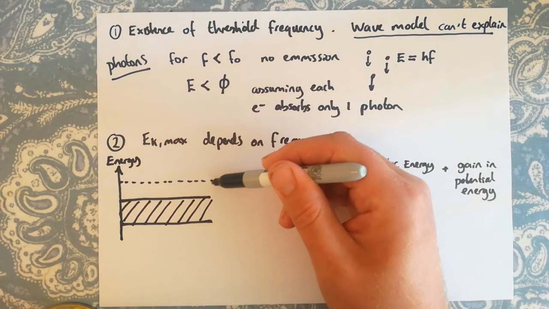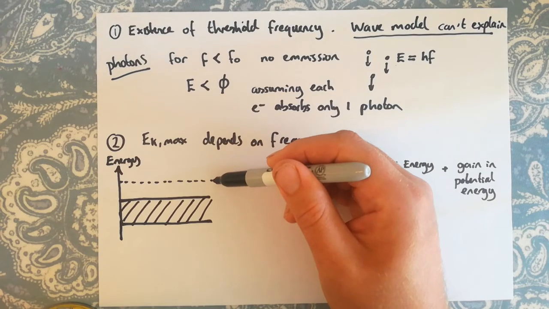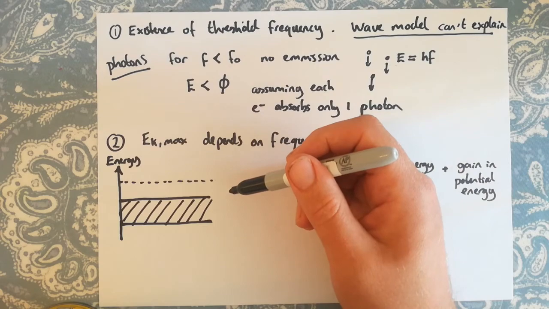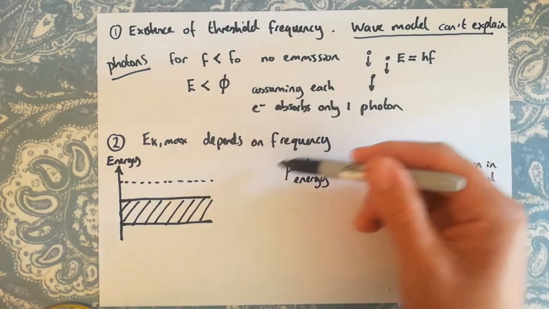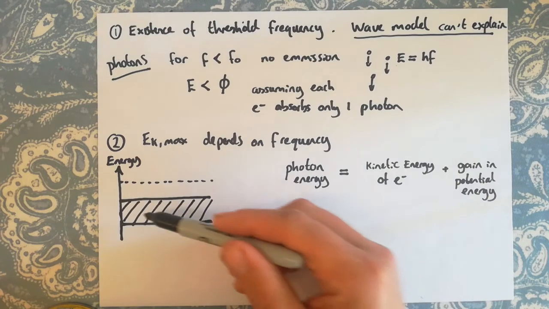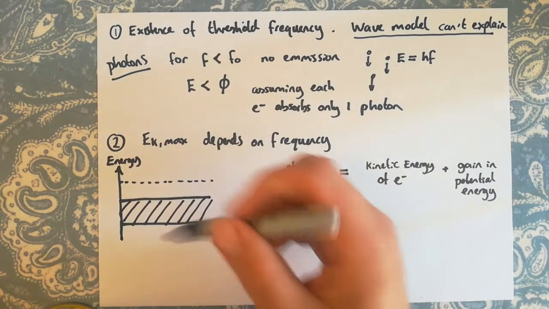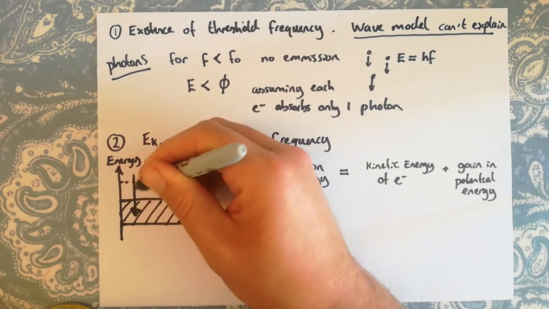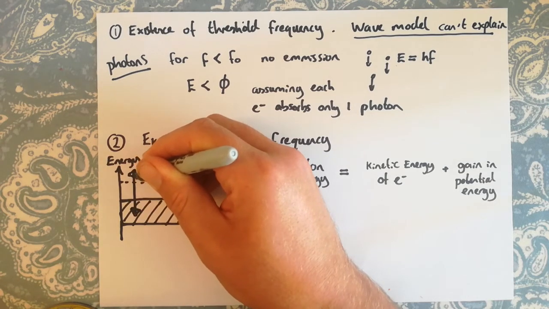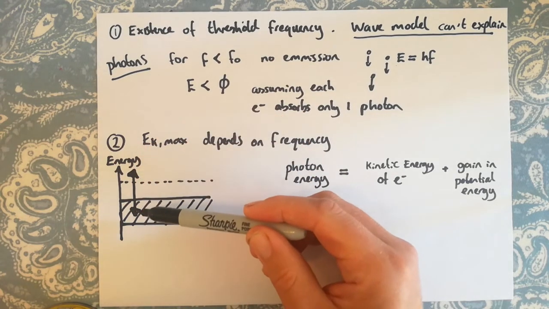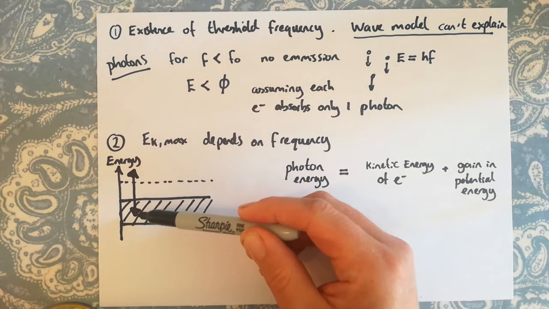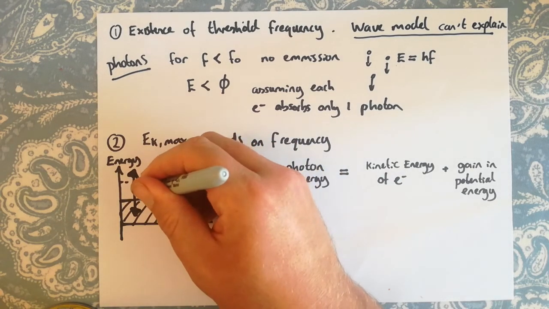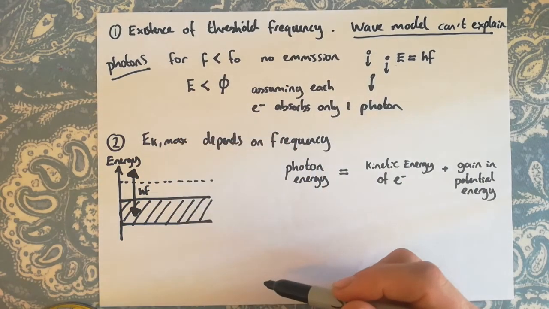And there was a certain amount of energy that an electron that had just managed to escape from the metal would have. So if we try and apply this idea onto this diagram, if we mark on perhaps an amount of energy that is our photon energy, okay, so we might have an electron that had this value of energy. It absorbs this photon energy, we'll call that hf.